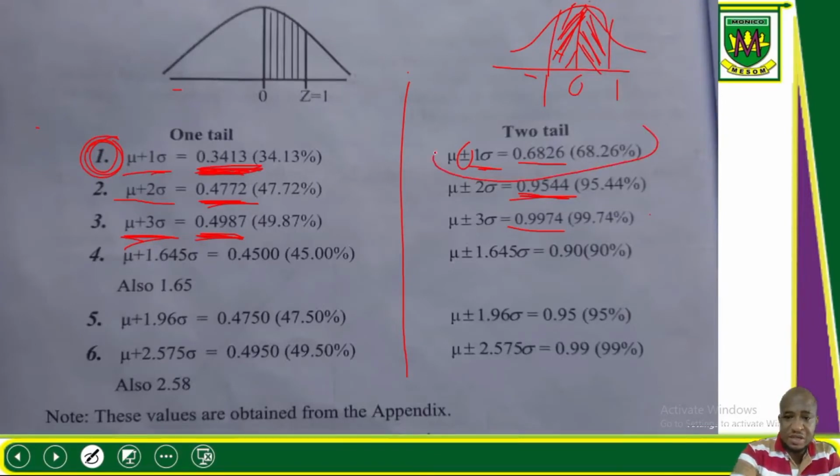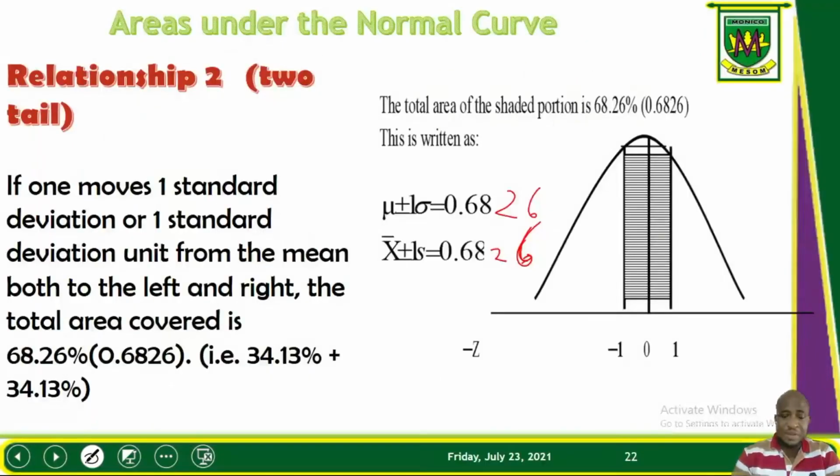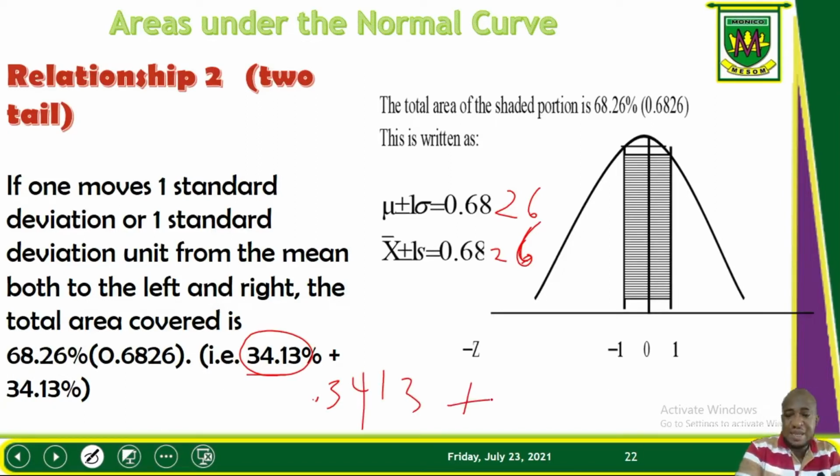The two-tailed, 1 standard deviation unit from the mean. And this is how we came about the answer. Since you have already computed the one-tailed, which we have here, we have to convert this to the decimal, like I said. This is the percentage. So 0.3413 is for one side, either the left or right.